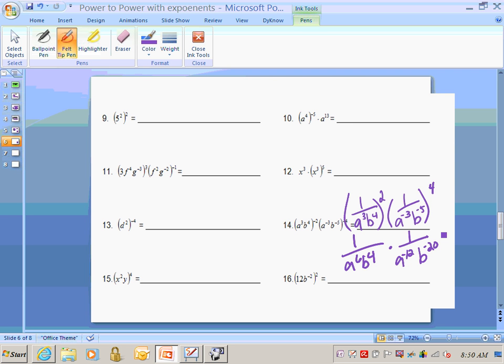You could add all of these on the bottom first, or you could fix these negatives, put them on top, and divide. You could multiply or divide. Which way do you want to do it? Multiply, so you would have 1 over a to the negative 6, b to the negative 16. And then fix that, what would you do? Flip it. So you'd have a to the 6th, b to the 16th as your final answer.